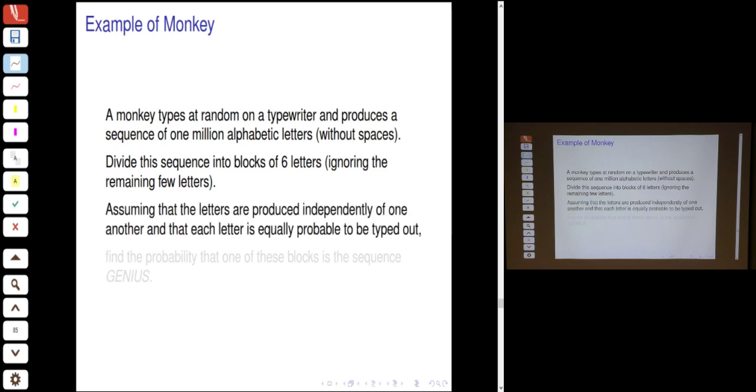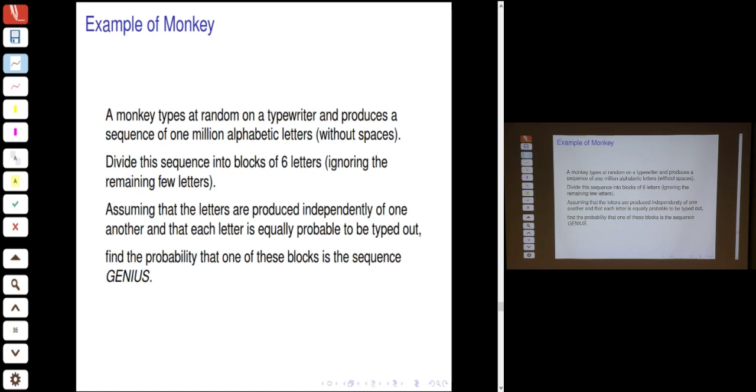Assume that the letters are produced independently, because that's the purpose of the monkey. He doesn't think, he just punches. So you don't know what he's going to type. Assuming that letters are produced independently of one another, and each letter is equally probable to be typed out, we want to find the probability that one of these blocks is the sequence genius.